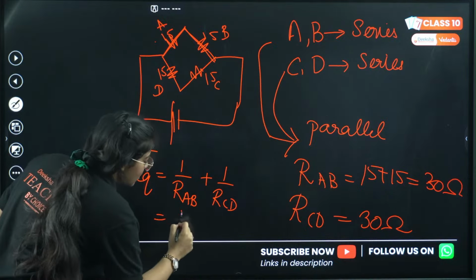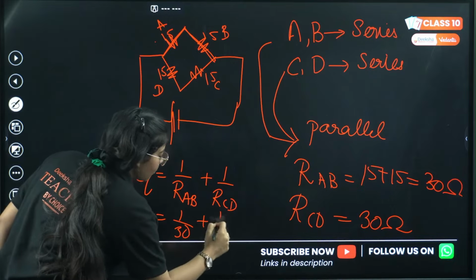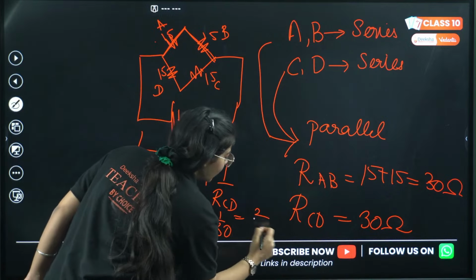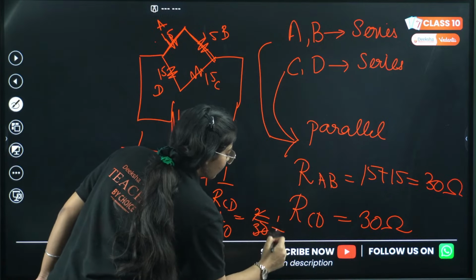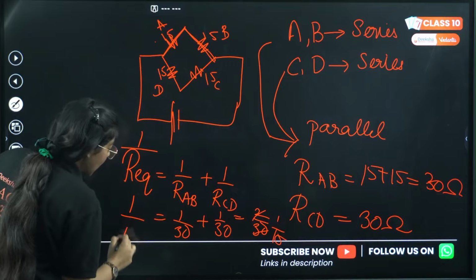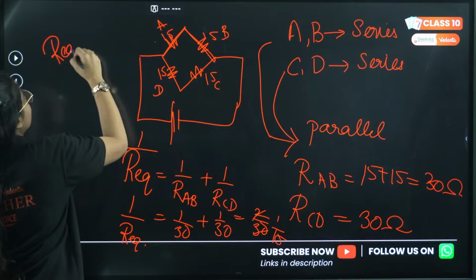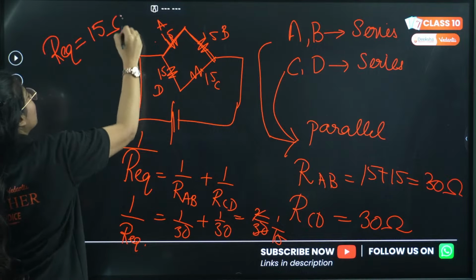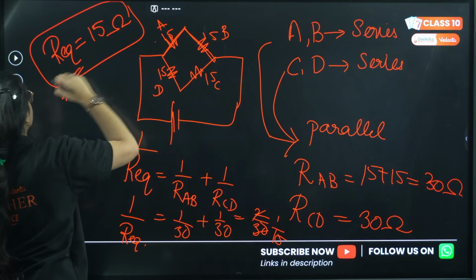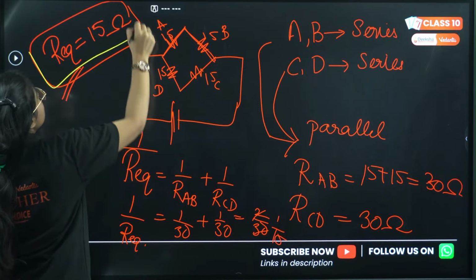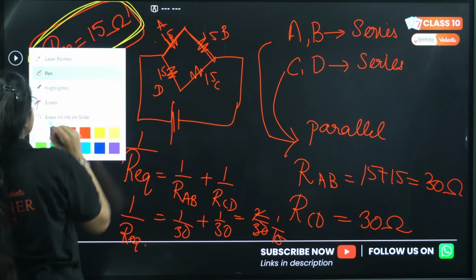So this is 1 by 30 plus 1 by 30, which will be 2 by 30, and it will be 1 by 15. 1 by R equivalent is 1 by 15, so R equivalent will come out to be 15 ohm. Correct? This is your answer. Understood, everyone?